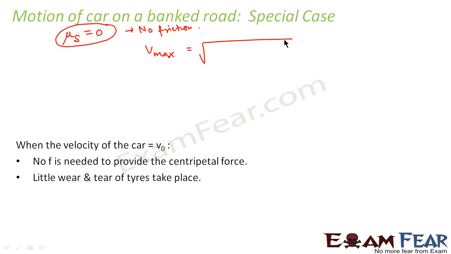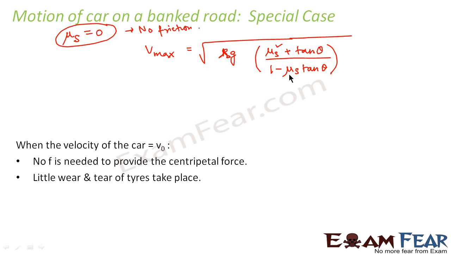Now we derived the formula to be Vmax is equal to root over R G (mu s + tan theta) divided by (1 - mu s tan theta).